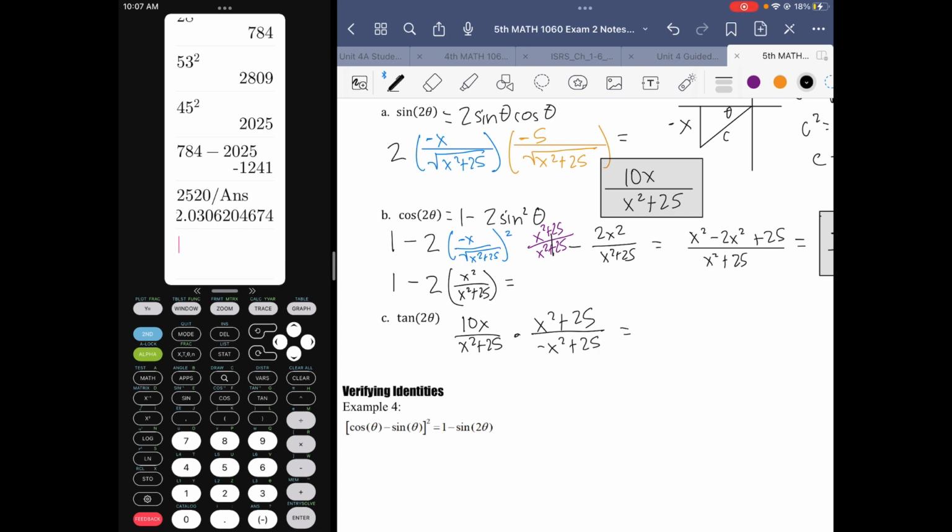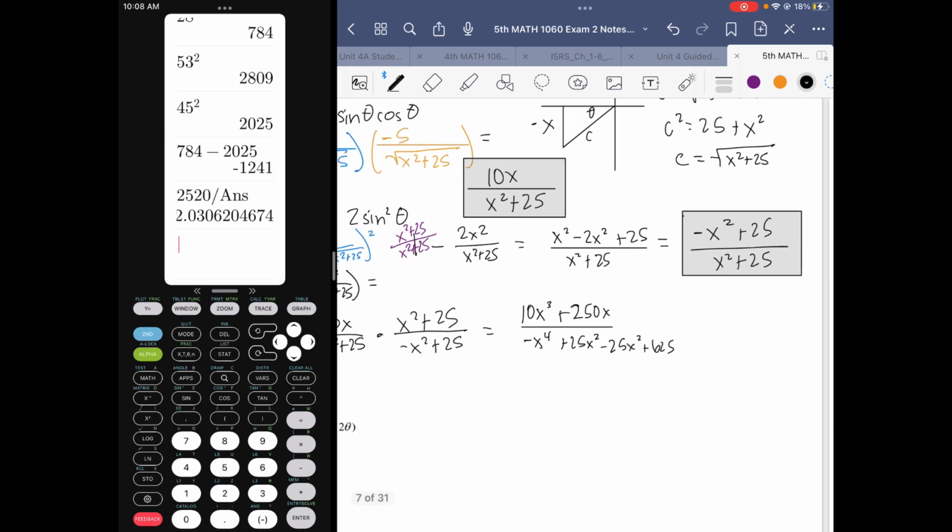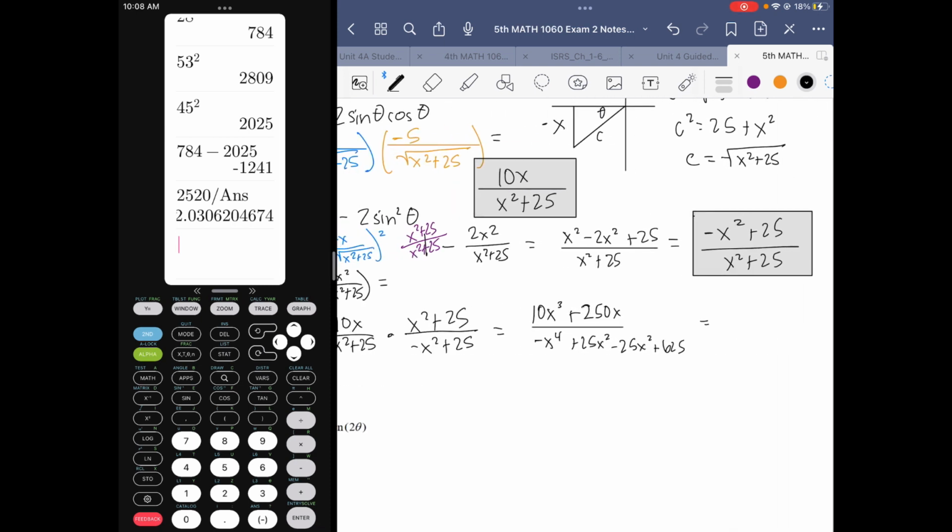So this would equal (10x to the third plus 250x) all over negative x to the fourth plus 25x squared minus 25x squared plus 625. And of course we can simplify that even a little bit more.